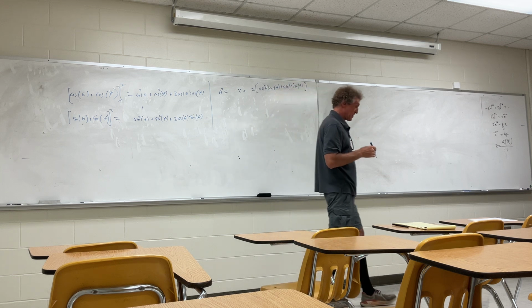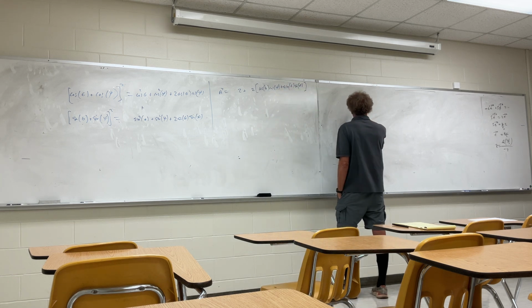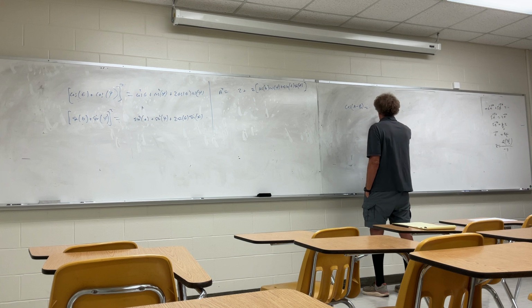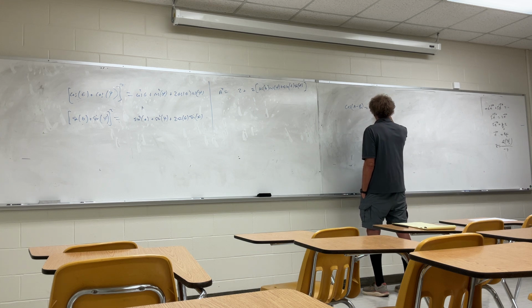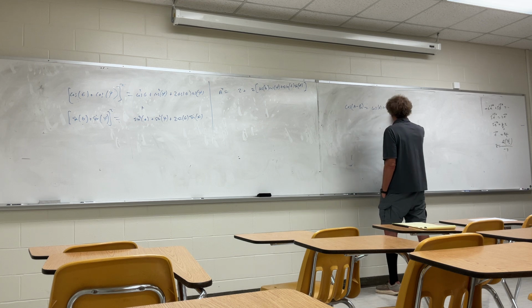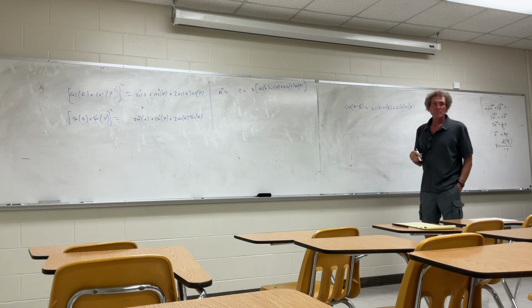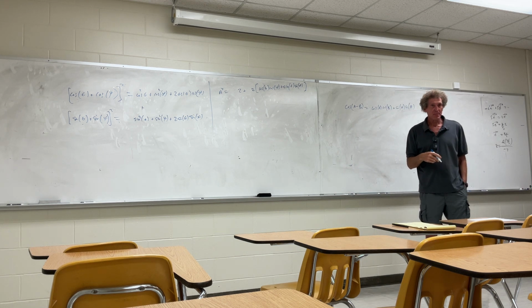If you have a cosine of A minus B, that's equal to cosine A, cosine B, and then it would be plus sine A, sine B.